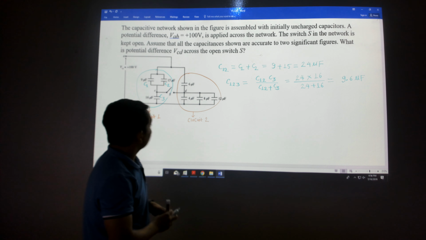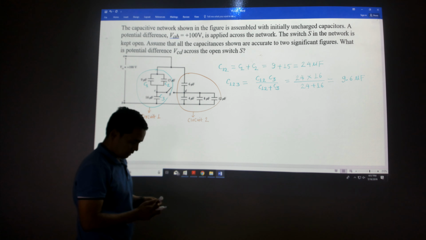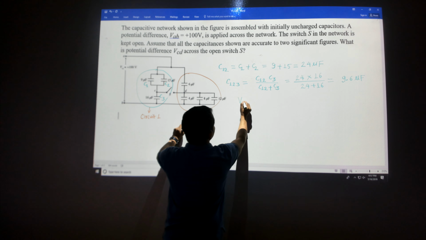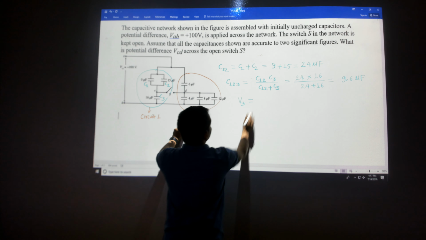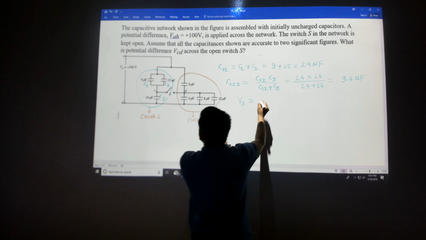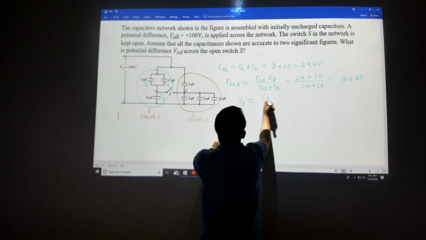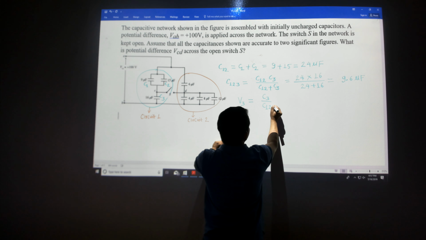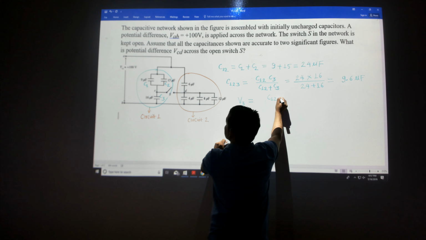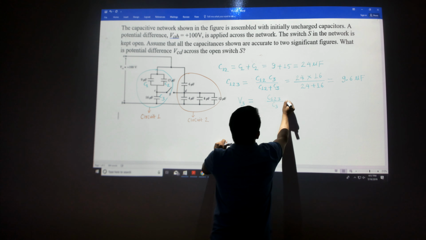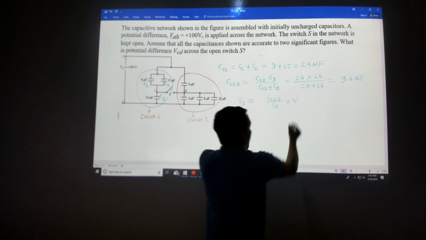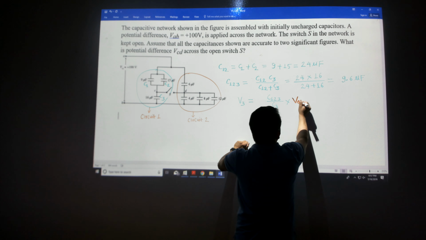My goal is to find the potential across C3. This one is simple to calculate. I'm calling it V3. The potential across capacitor 3 is given by C123 divided by C3 times the applied potential V. This is the applied potential, V applied.